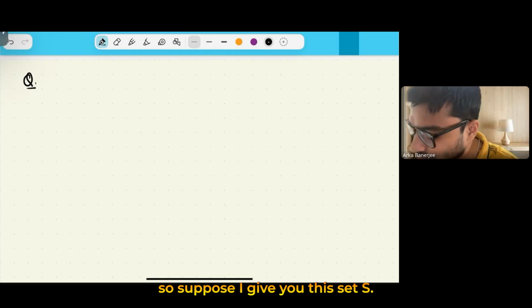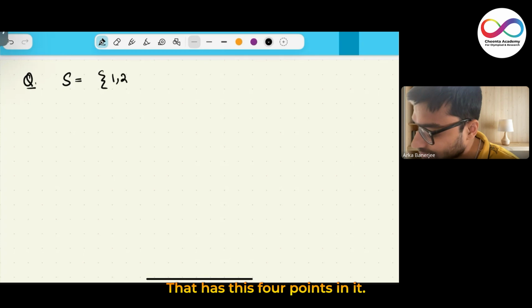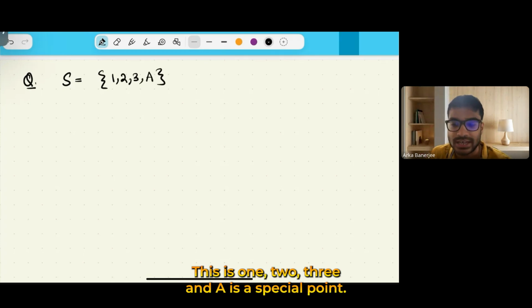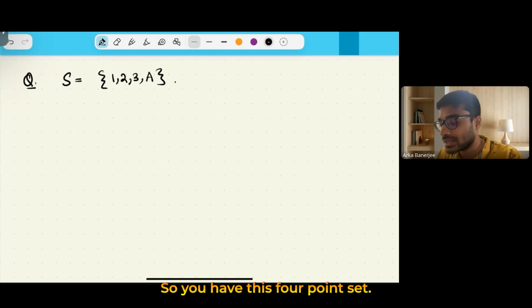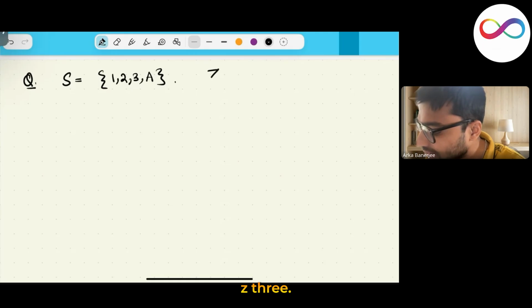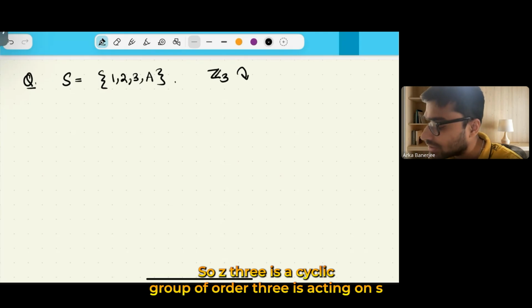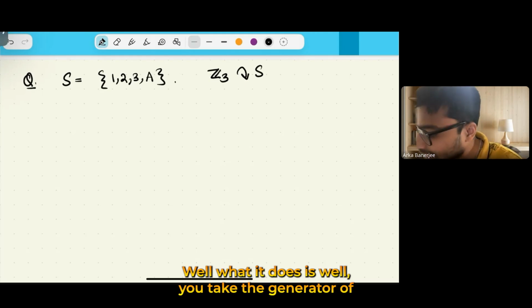So suppose I give you this set S that has these 4 points in it. This is 1, 2, 3, and A is a special point. I'll tell you why this is special later. So you have this 4-point set, and suppose you have a cyclic group Z3. Z3 is a cyclic group of order 3, acting on S. How is it acting?